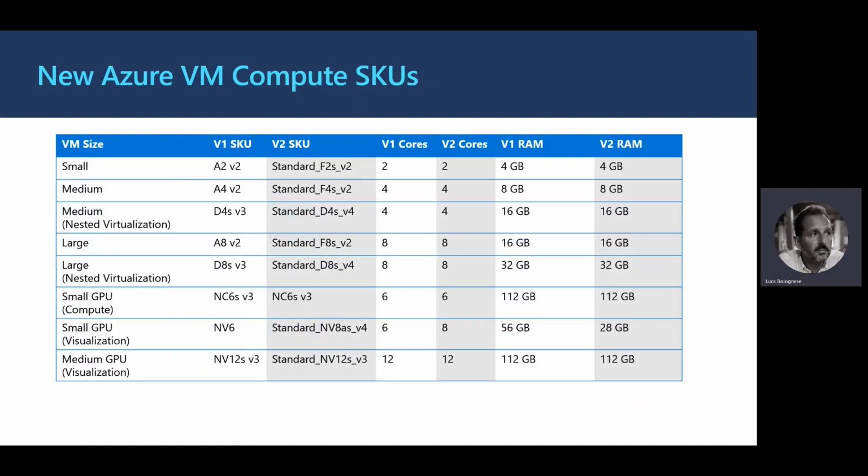Okay, we have refreshed the SKUs for the VMs. You can see the previous one and the new one. There are a few differences in there, but mostly they are rather similar, but they are the newest one.